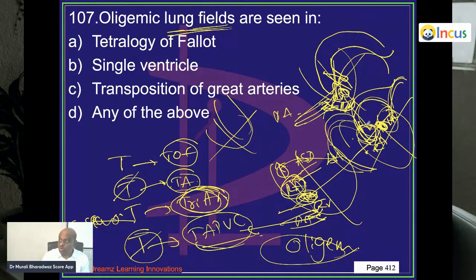So more blood will go into the right ventricle and more blood in the lungs. Pulmonary plethora is seen in Truncus arteriosus and total anomalous pulmonary venous circulation, the 2 T's. Pulmonary oligemia is seen in 2 T's: tetralogy of Fallot and tricuspid atresia.